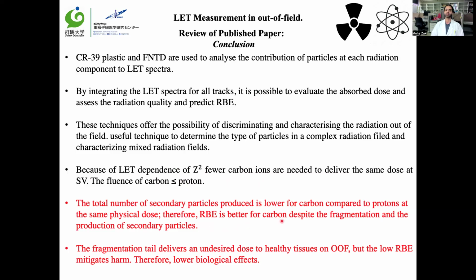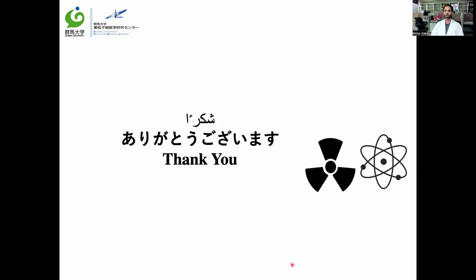Therefore, RBE is better for carbon despite the fragmentation and the production of secondary particles. The fragmentation tail delivers an undesired dose to healthy tissues and out of field, but the low RBE mitigates harm, therefore lower biological effect. And with this, I come to the end of my talk today.